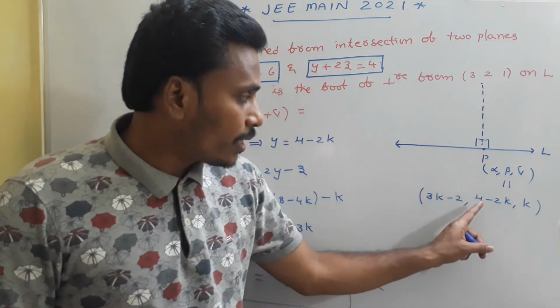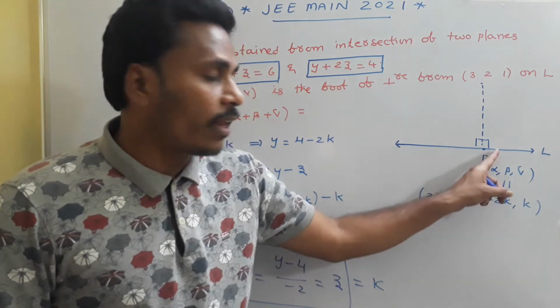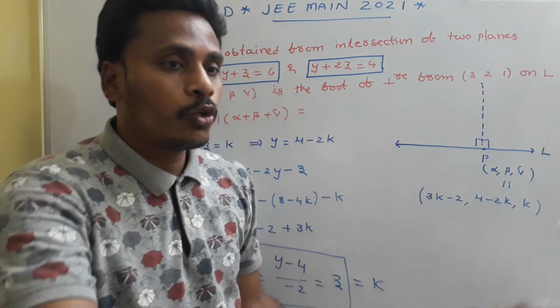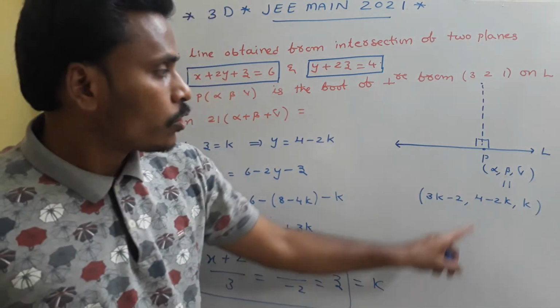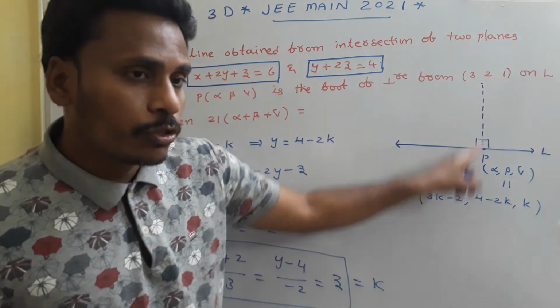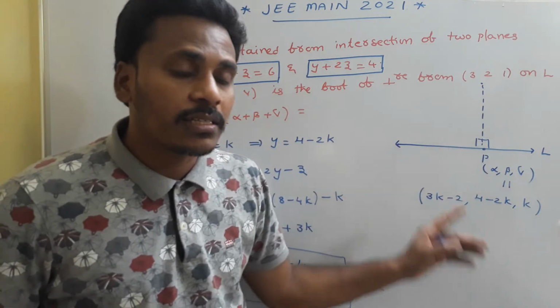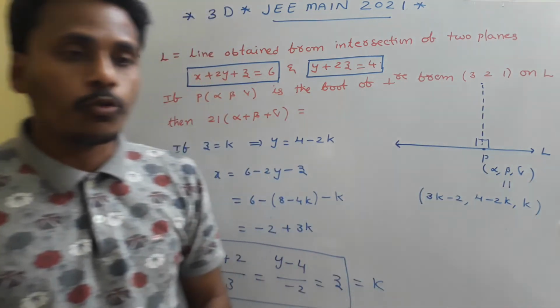సో వన్స్ దిస్ ఇస్ ద పాయింట్ ఆన్ ద లైన్ అండ్ విచ్ ఈస్ ది ఫుట్ ఆఫ్ పర్పెండిక్యులర్ ఫ్రమ్ 3, 2, 1 టు ద లైన్. So since these two are perpendicular, the product of their DRs is 0. So use that to find k.